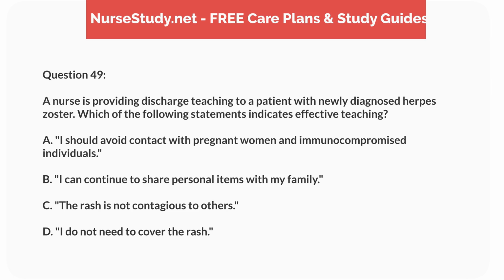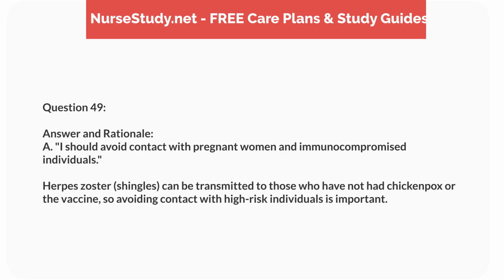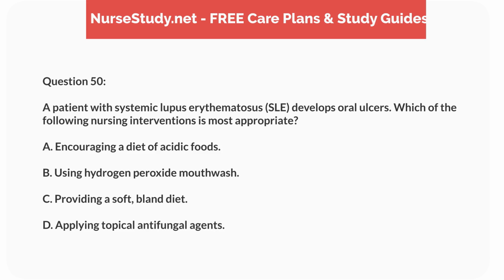D. I do not need to cover the rash. Answer and rationale. A. I should avoid contact with pregnant women and immunocompromised individuals. Herpes zoster, shingles, can be transmitted to those who have not had chickenpox or the vaccine, so avoiding contact with high-risk individuals is important.